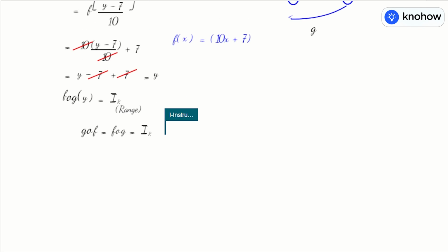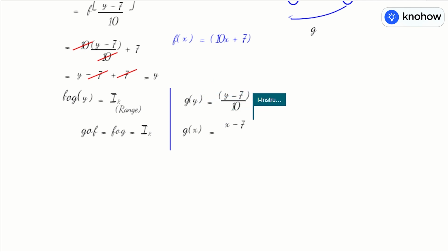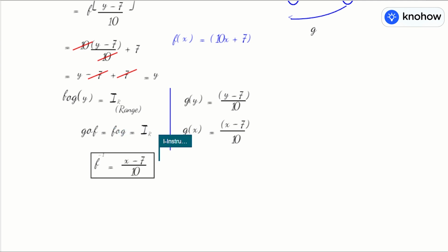So hence our required function g, you may write g(y) as (y minus 7) by 10. Sometimes they want you to find it in terms of x only. So we may write g(x), the required function, as (x minus 7) by 10. And further, if we say find f inverse, which is not a part of the question, then f inverse will be (x minus 7) by 10. I have given you one extra step.